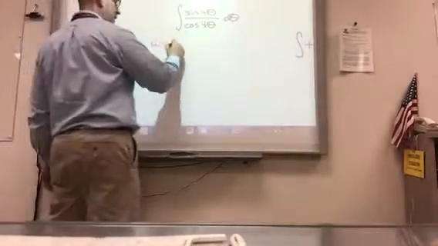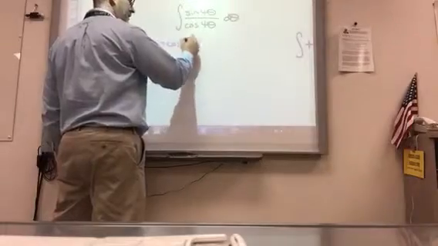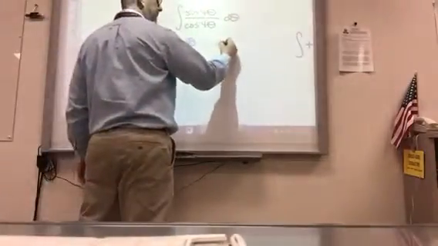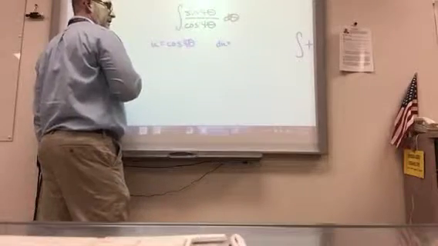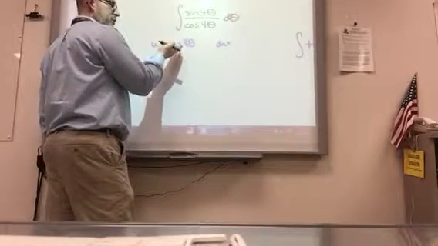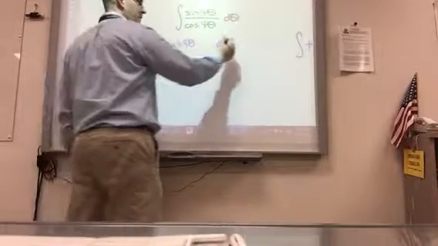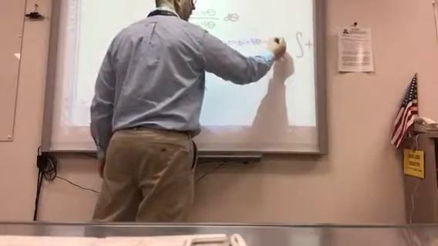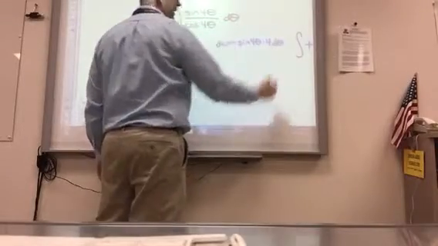Cosine of 4 theta, because that's really raised to the negative first power. So then du would become, a little tricky with some chain rule stuff here, negative sine 4 theta times 4 d theta.